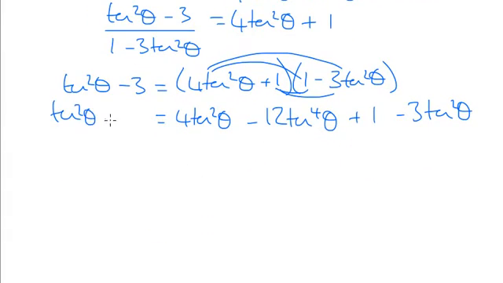Still just tan squared theta take 3 on the left. I can simplify this. I've got a 4 tan squared theta take away 3 tan squared theta, so that's just tan squared theta minus 12 tan to the 4 theta plus 1.